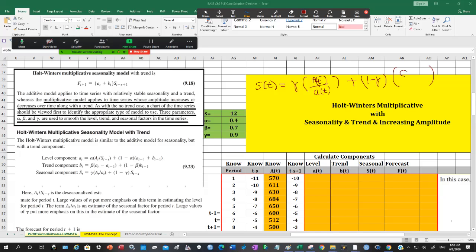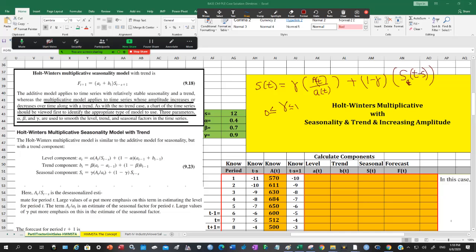And this is the seasonal component and t minus s, which I'm going to illustrate. So gamma is also between 0 and 1.